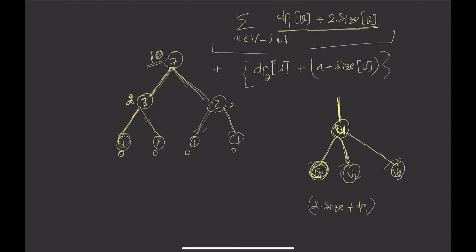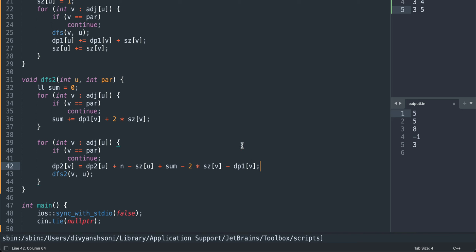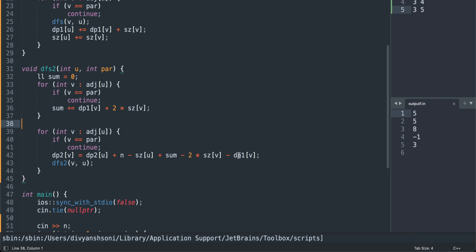So 2 times size of this value plus 2 times size of this value, so for this V, I need to subtract this, right? So dp1 of V minus 2 times size of V, then only for this value all the nodes are incremented by 1, others are incremented by dp1 of V, and 2 times size of V.